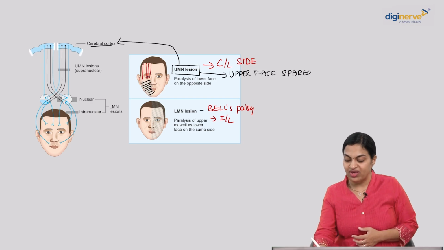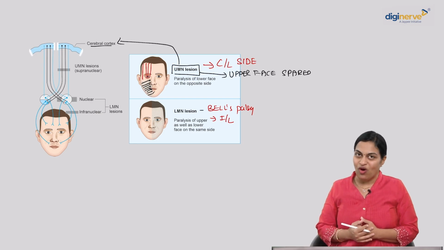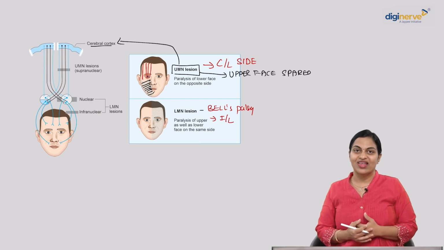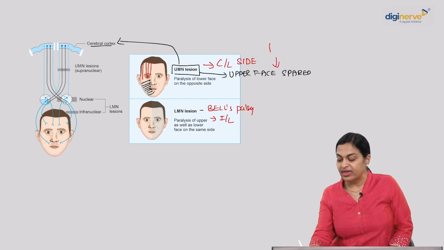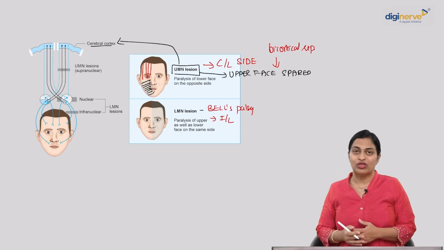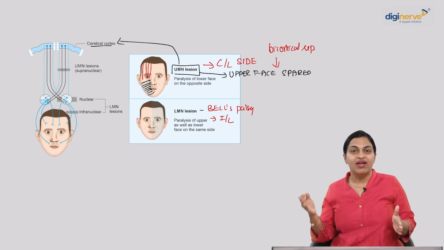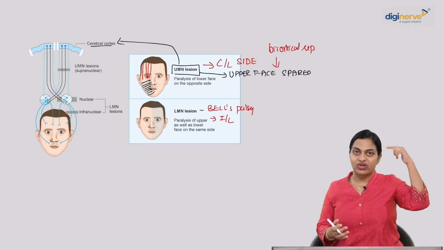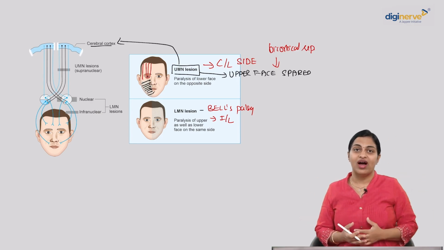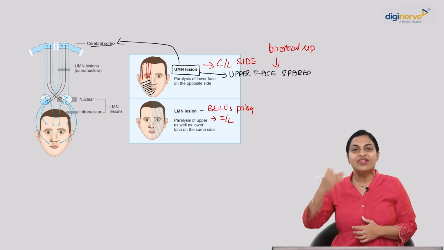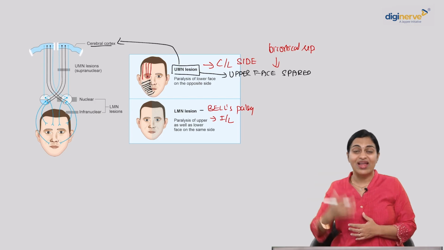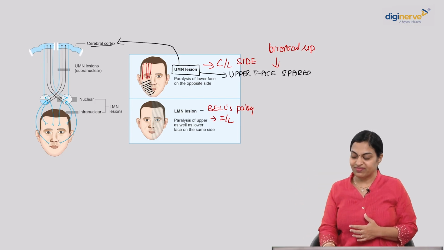The upper face is spared because the upper face is controlled by both cortices, bicortical representation. So in upper motor neuron lesion, the contralateral lower face is affected. The transverse wrinkles and the closure of the eyes are not affected. In lower motor neuron lesion, the ipsilateral entire face is affected. Got it?